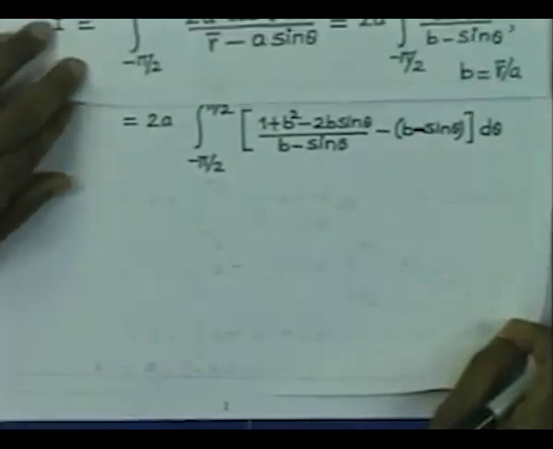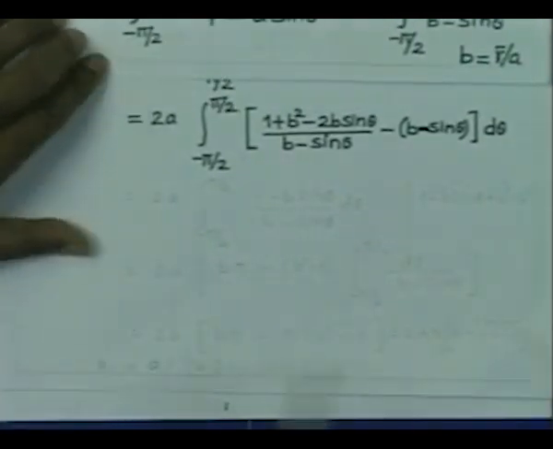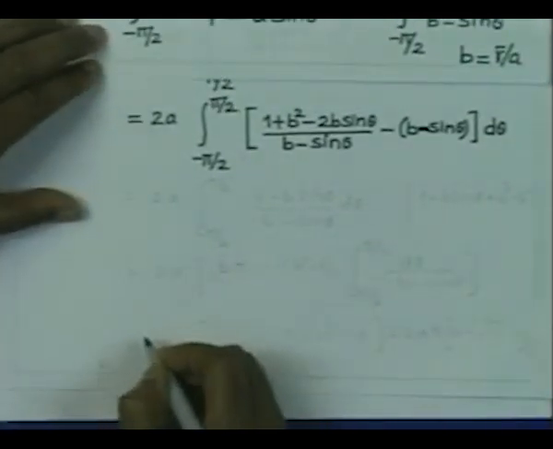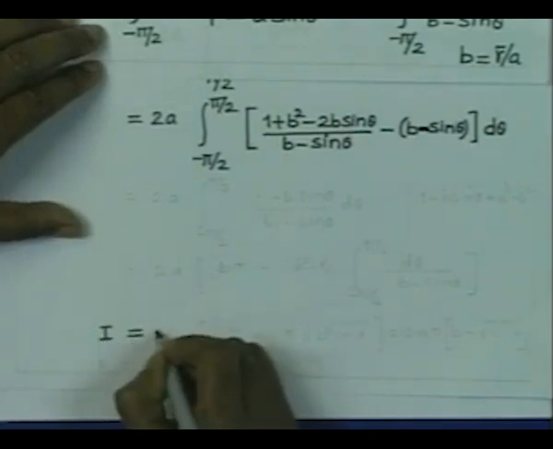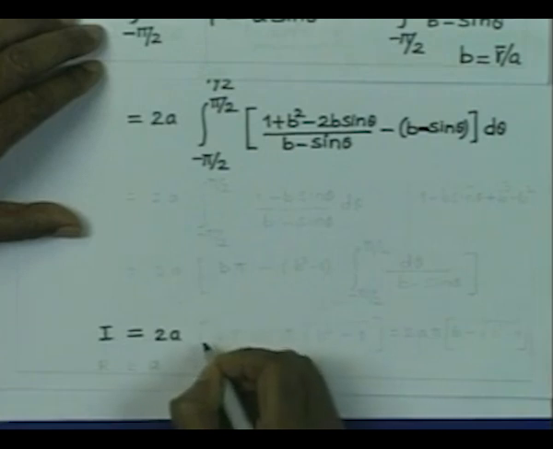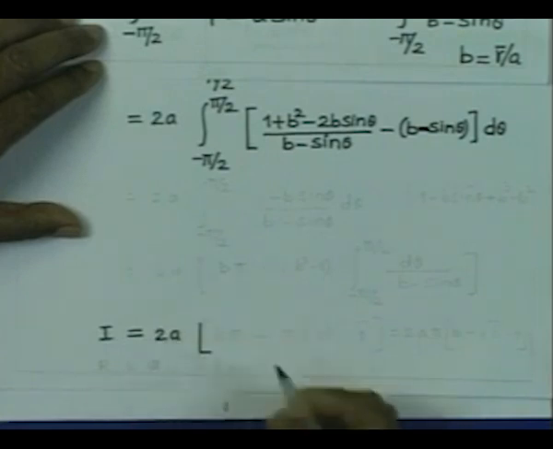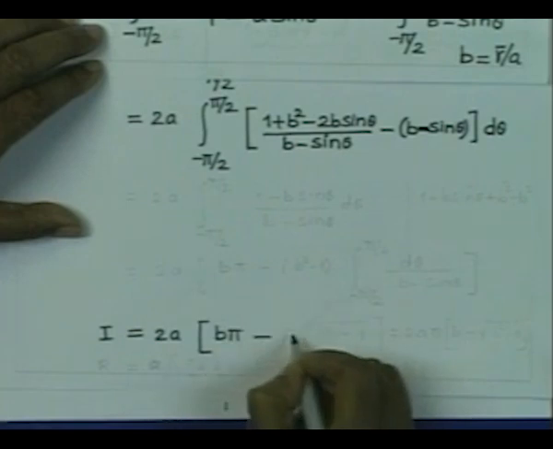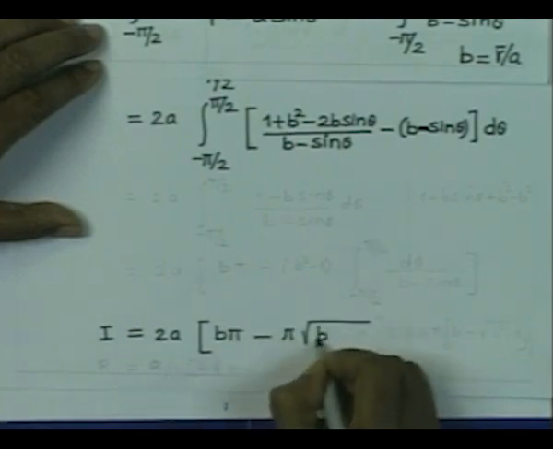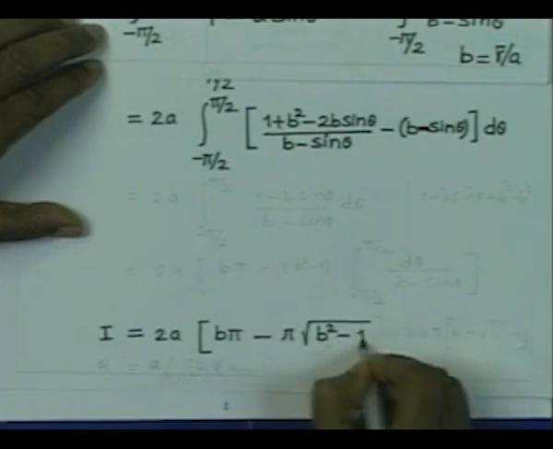finally we can solve this and it becomes equal to I is equal to 2a pi times b minus the square root of b square minus 1.